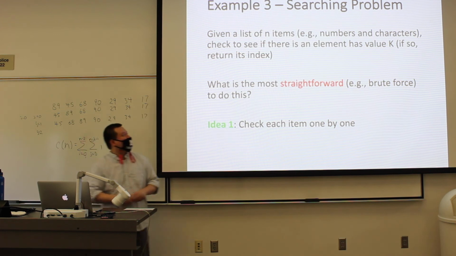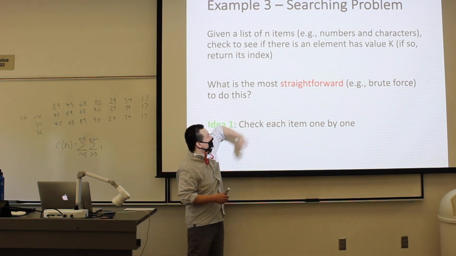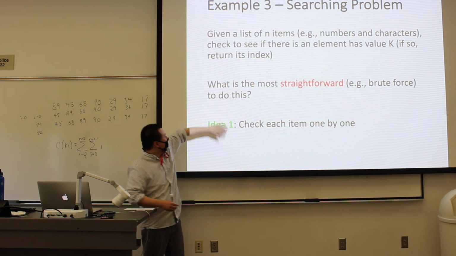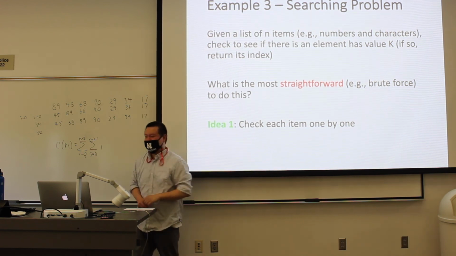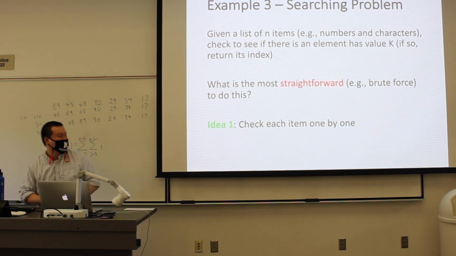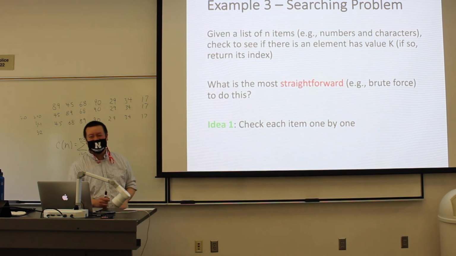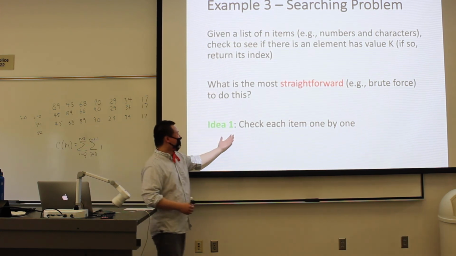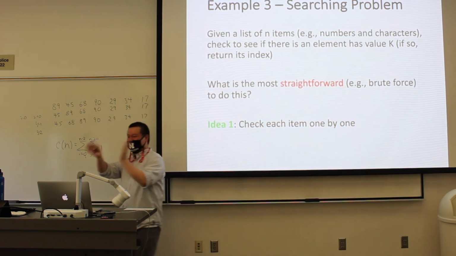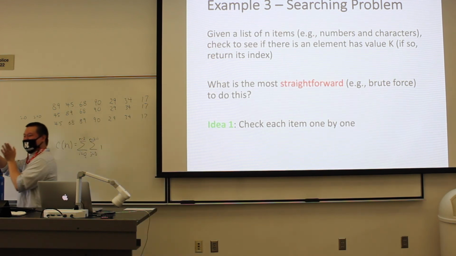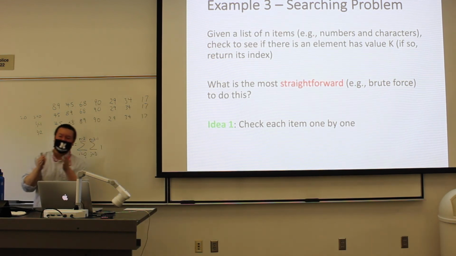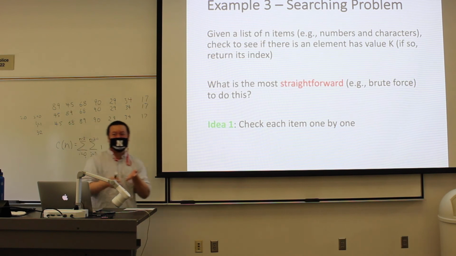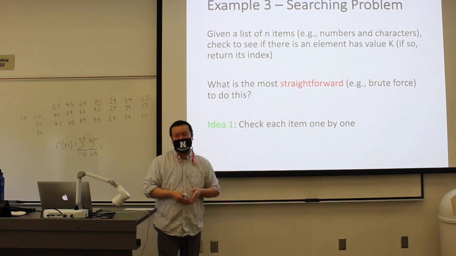I was going to ask you what's the most straightforward way of doing it. The basic idea is you check one by one, right? And then you find the k element. So that's the most preferred way of doing it.